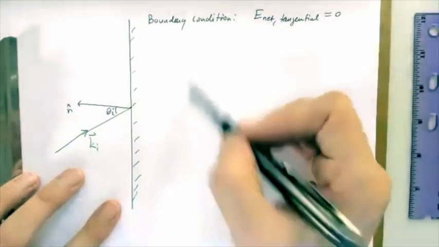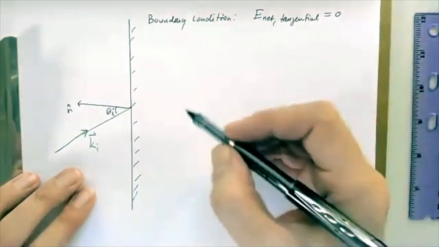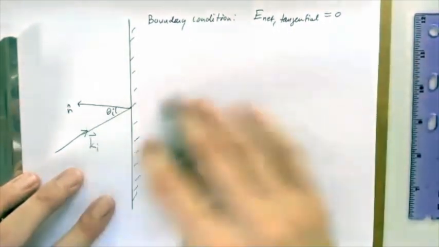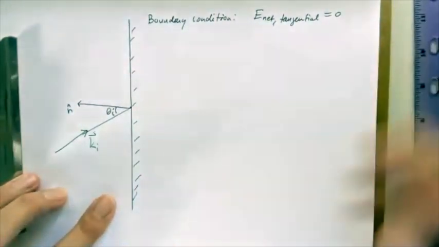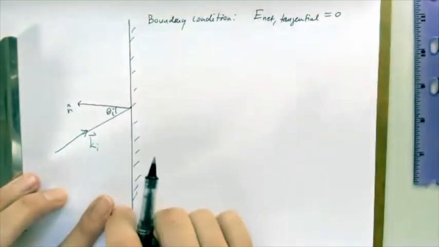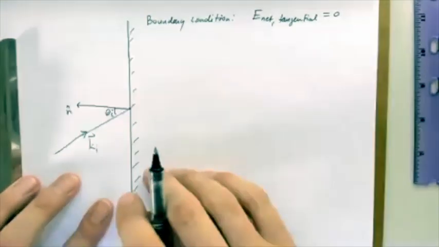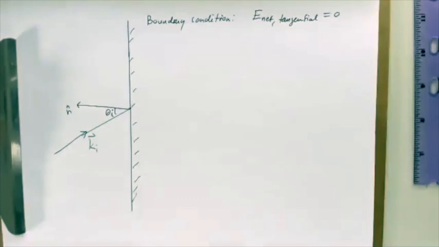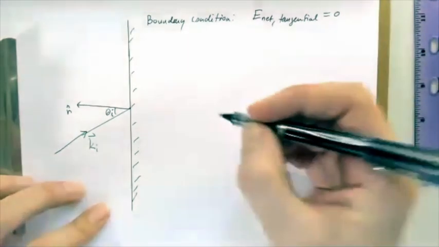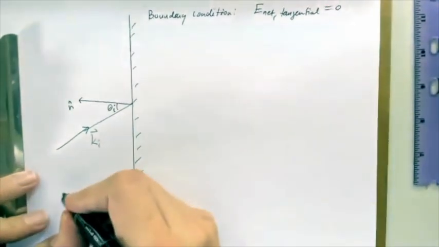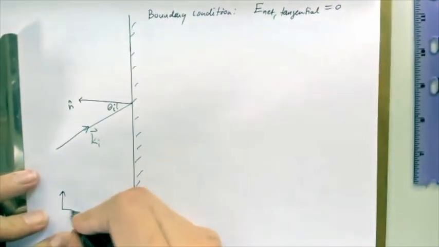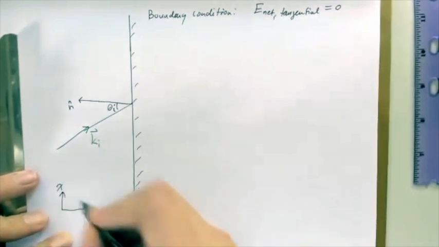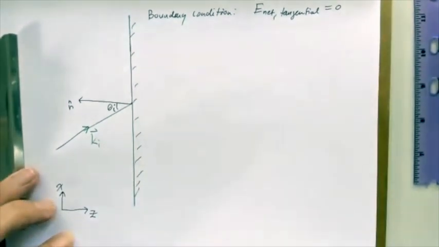That is again because mirrors are made of metal, and in the most ideal case, these surface currents stay super on the surface. We don't talk about half one-way mirrors or anything like that. We just say that is what it's doing. Okay, now let's put a coordinate system on. So let's call that the x direction, and let's call this the z direction.